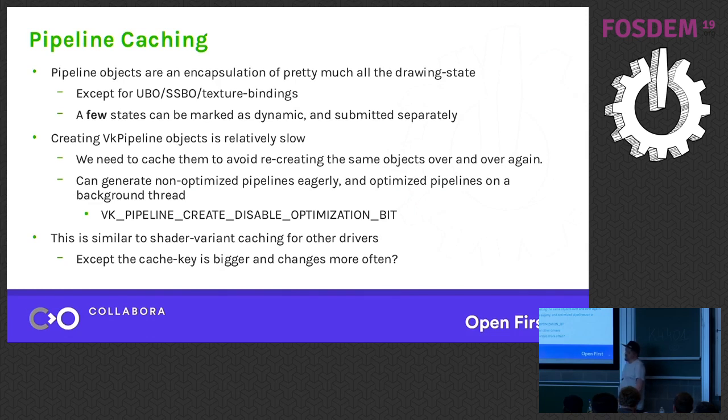We currently just do that naively, put them in a hash map, but in the future we want to move to building a non-optimized version of this eagerly, and then have a background thread that creates optimized pipelines instead. This is what the XVK does, and it seems to work well for them.